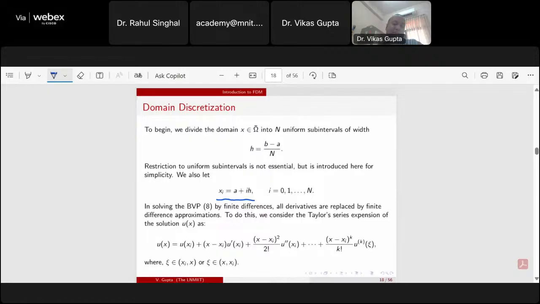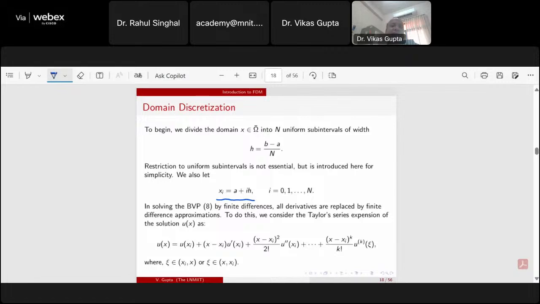So now first we construct a finite difference formula to approximate the derivative term. While we are solving a boundary value problem by finite differences, we replace all derivative terms by the corresponding finite difference approximation. To construct the finite difference approximation of a derivative term, we consider a Taylor series expansion for the solution u(x) in this way.